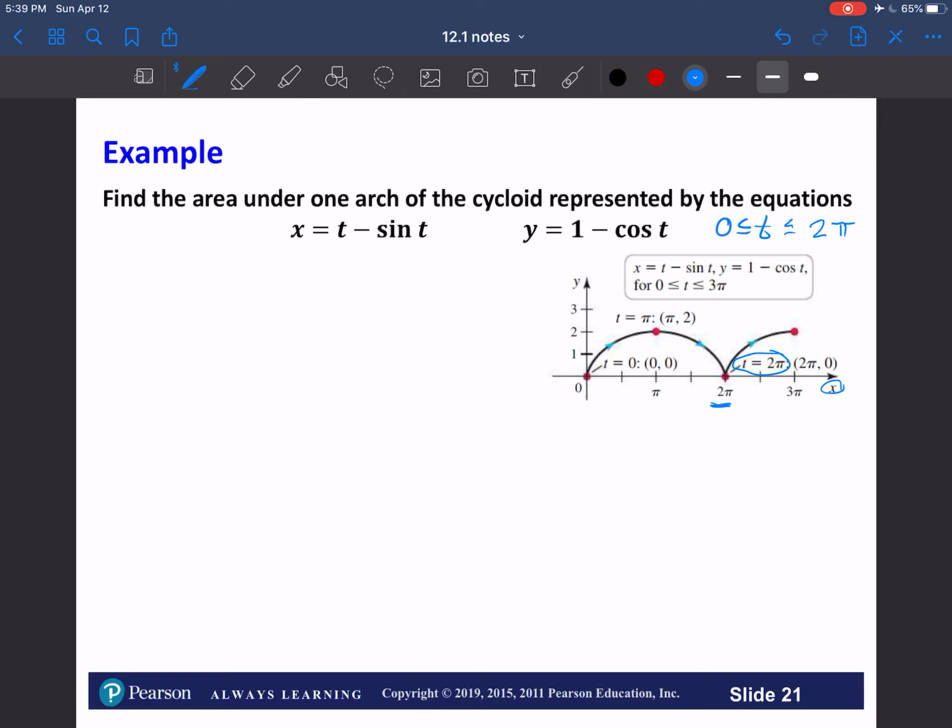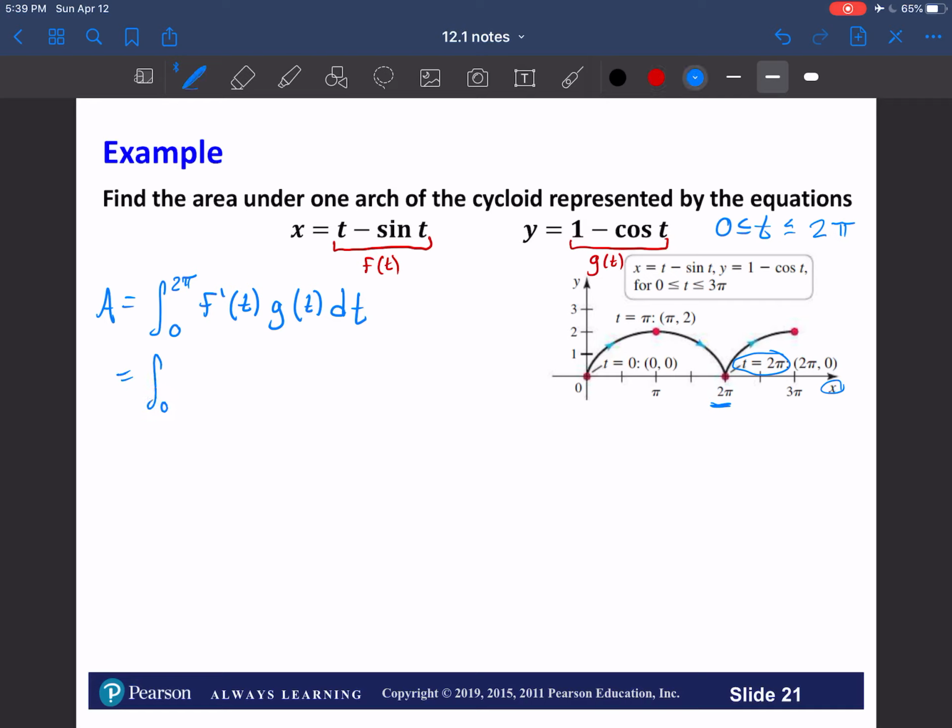Anyway, we are going to find the area. So the area underneath one arch is going to be the integral from 0 to 2 pi of f prime of t times g of t dt. And recall that x is f of t and y is g of t.